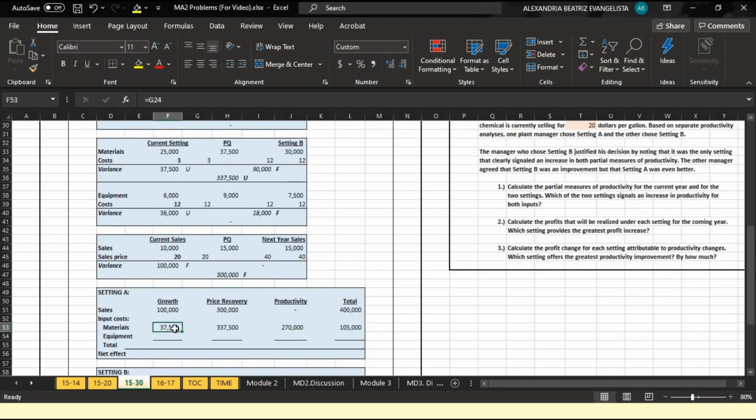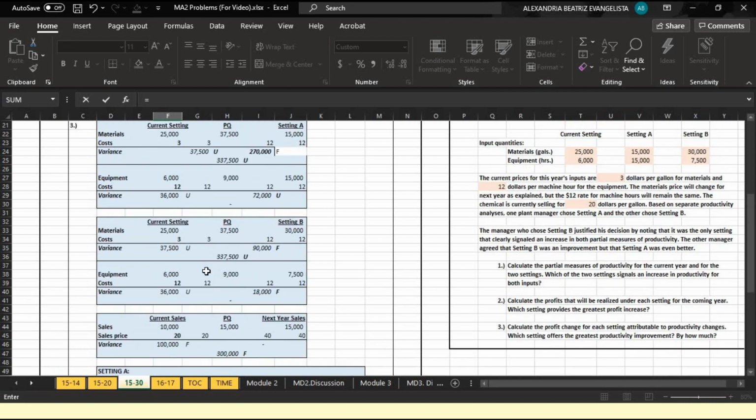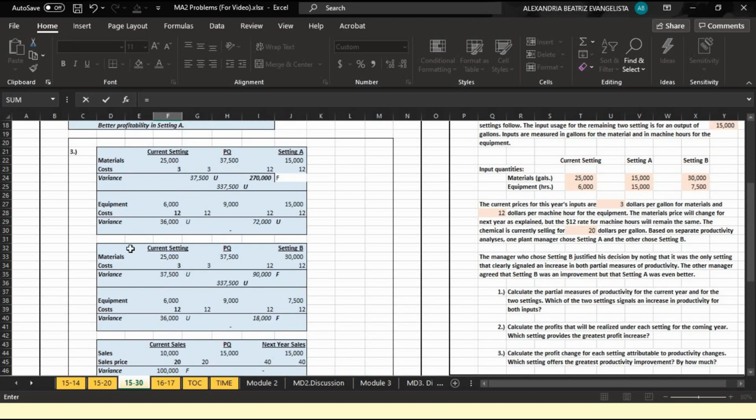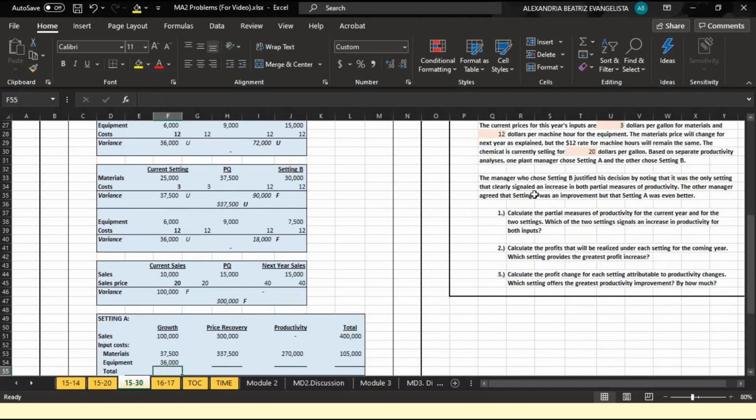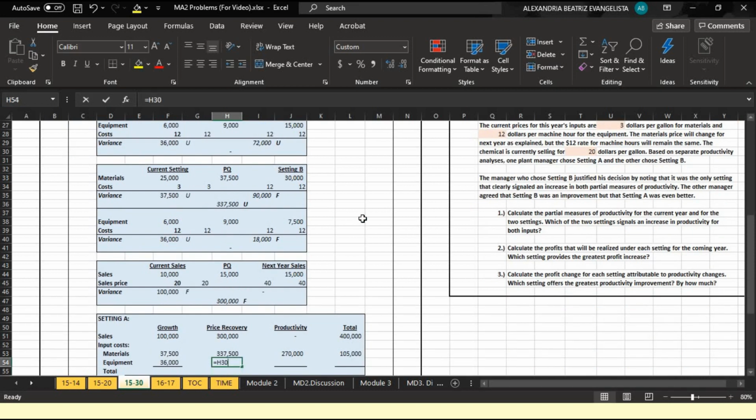And then for equipment, the variance under the growth column, that is, where is it? Here, 36,000 unfavorable. Under price recovery, that is 0. Let me put 0 here for the formula.